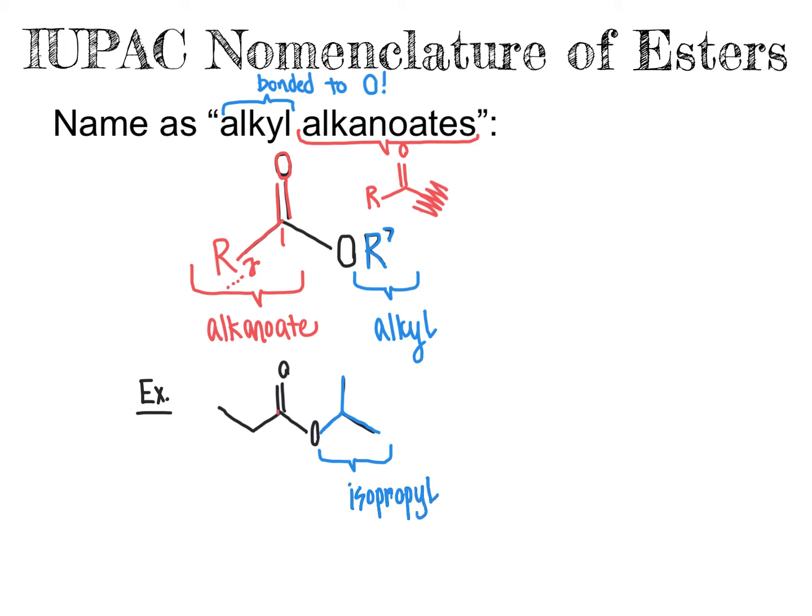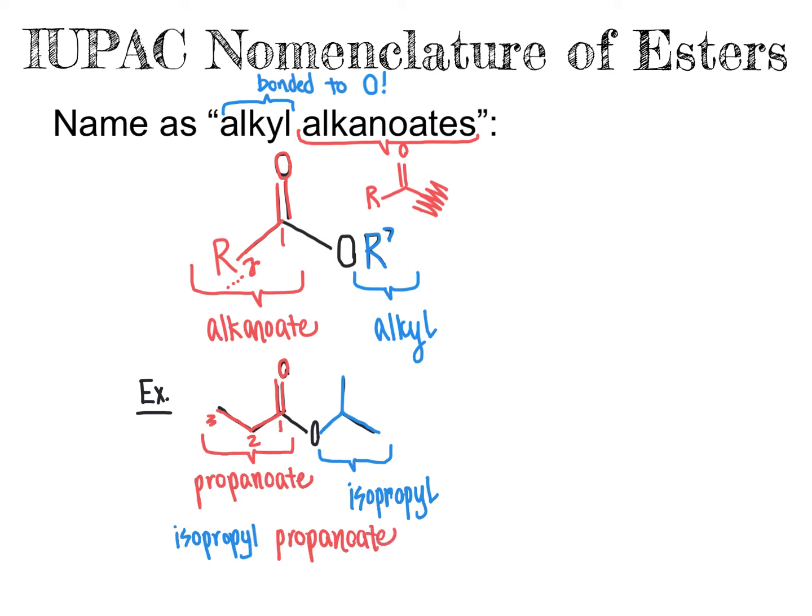Now, on the other side, we have our carbonyl group directly bonded to our chain here. There are 3 carbons in total in that chain, including the carbonyl carbon. 1, 2, 3. And so we would name that propanoate. So the full name for this particular molecule, plugging those two together, is isopropyl followed by propanoate.